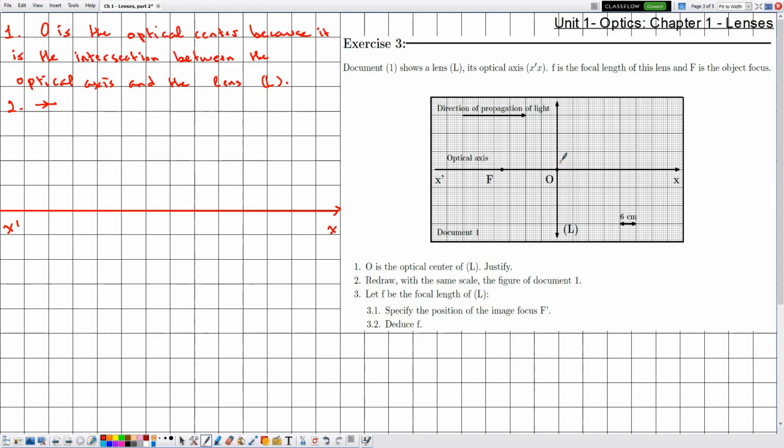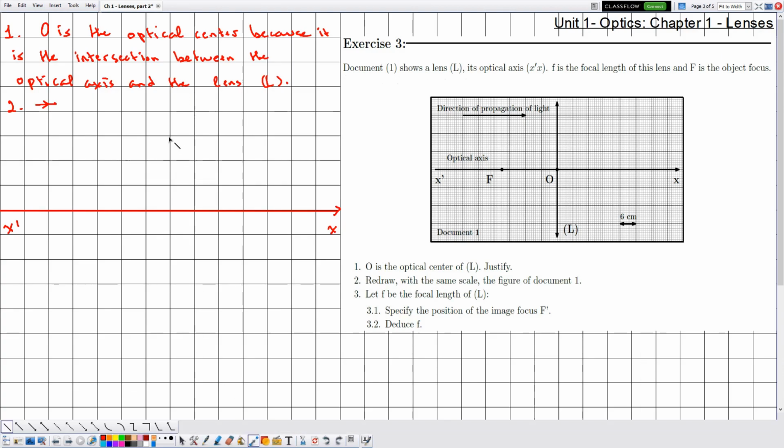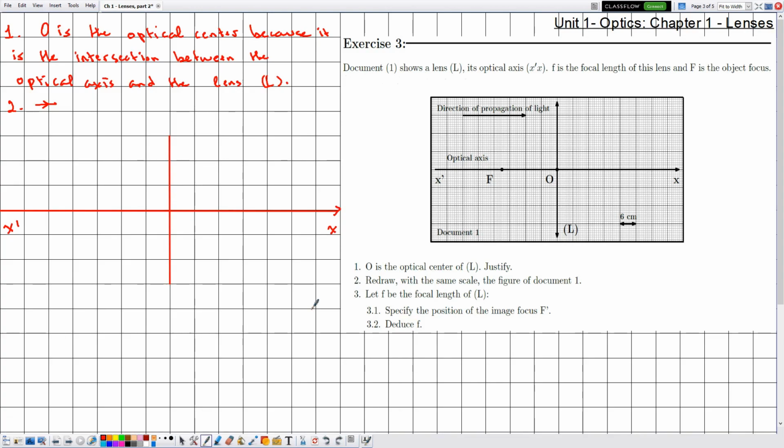And then we place the lens L perpendicular to the optical axis at the center, using the correct symbol, in this case the symbol of a converging lens. And the point of intersection between the optical axis and the lens L is the optical center, O.